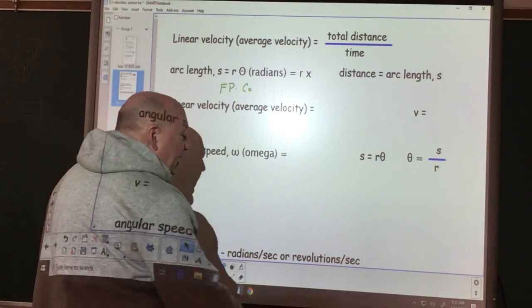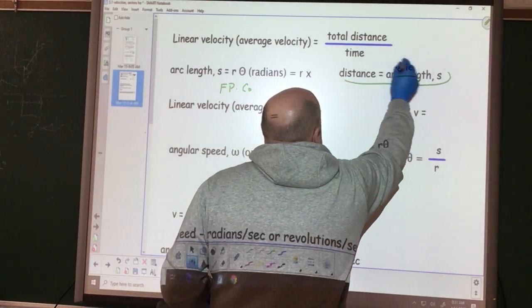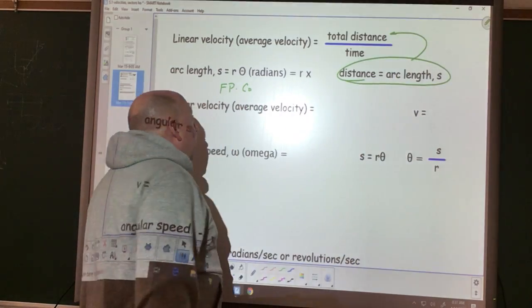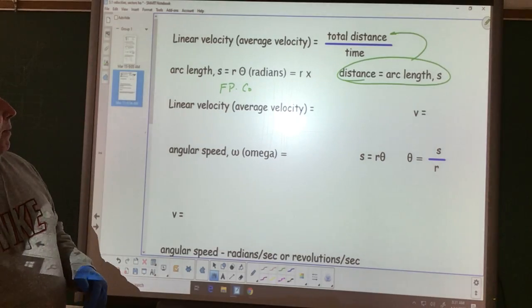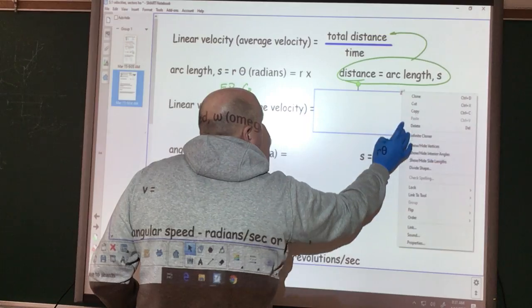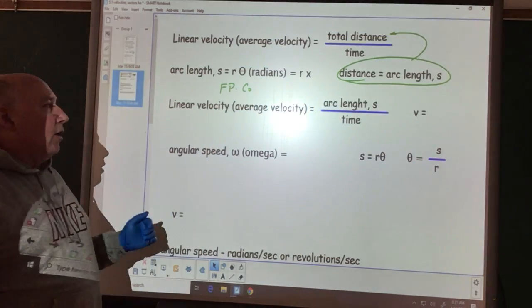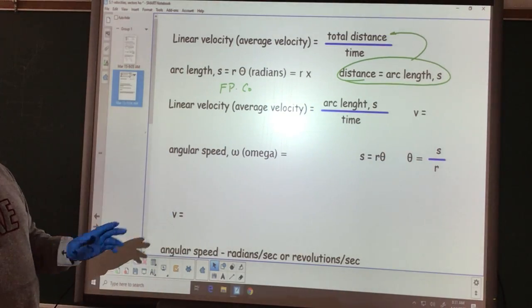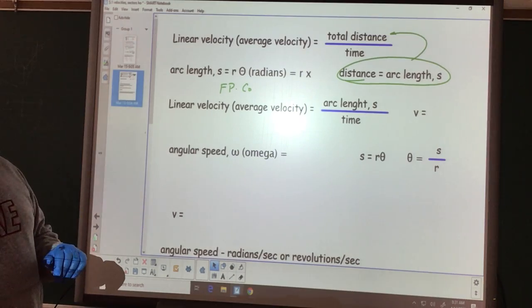So that is my distance that I'm talking about here. So if I talk about linear velocity, what this converts into is your arc length divided by time. What is my arc length divided by time?